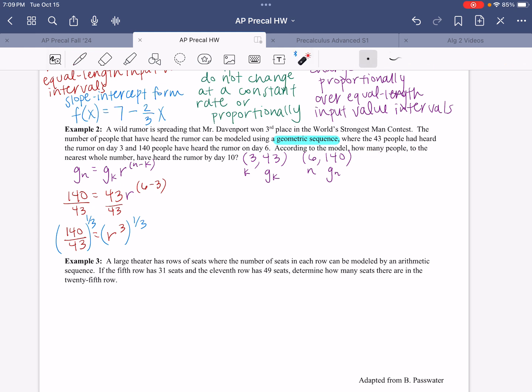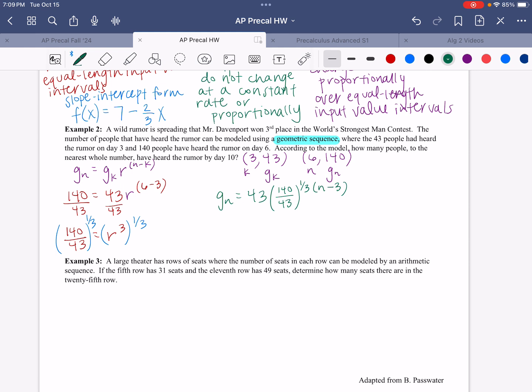How many people to the nearest whole number have heard the rumor by day 10? So now to find a future value, I'm going to say that it was 43 people and it's growing by 140 over 43 to the 1/3 that we've stored as R. And then it's going to be to the n minus, and k here was 3. So the n minus 3 power.